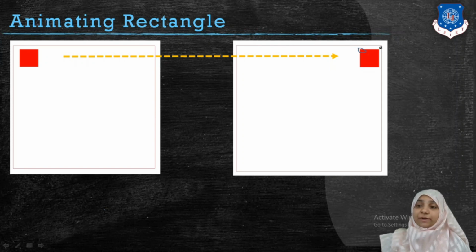So this point is canvas.width and this 50 is nothing but the width of the rectangle. So whatever coordinate canvas.width has, minus width, will give you this particular point. Okay, so that point is your end x, the last x coordinate of the rectangle up to where you would like your rectangle to be transited.